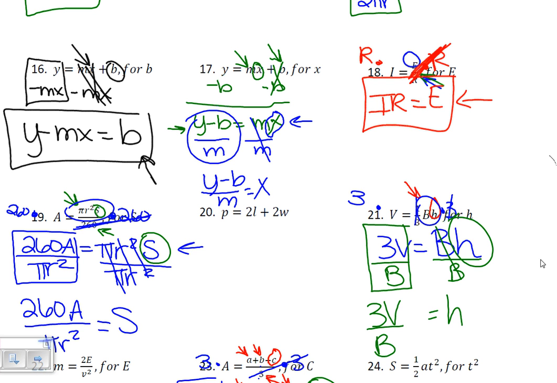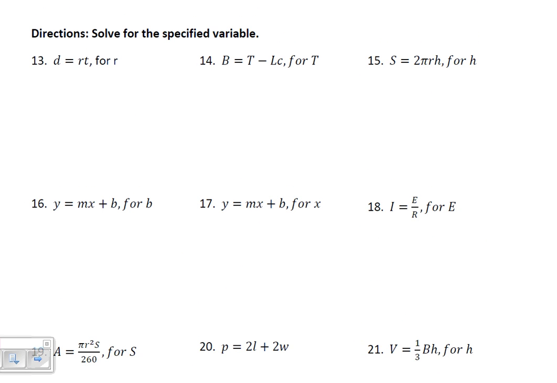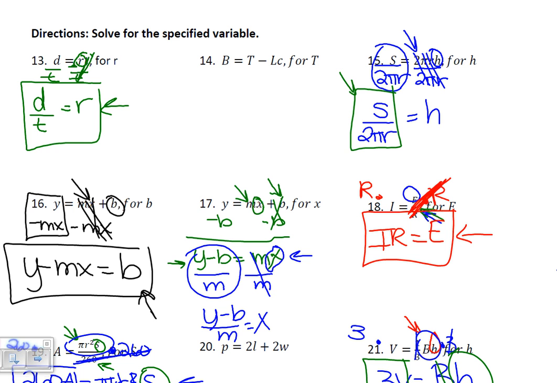Let's see, what else did we have that we didn't do? Maybe I can get two more in here real quick. So 14, for big T. Again, I look at what they did, and I'm going to undo it. What they did to T was they minus LC.